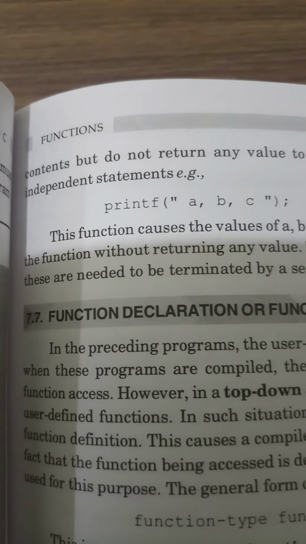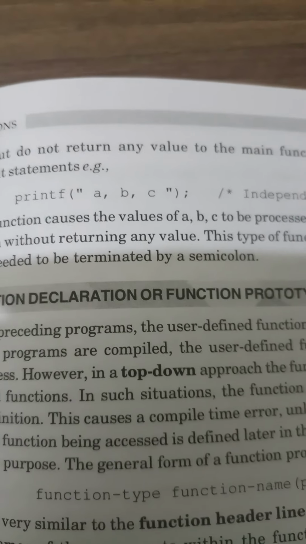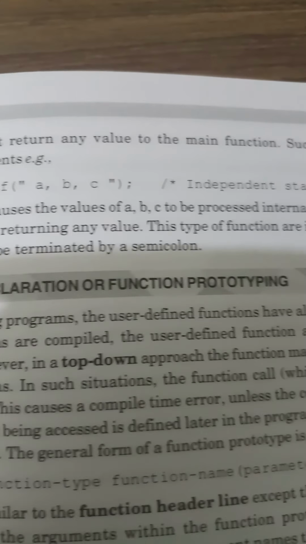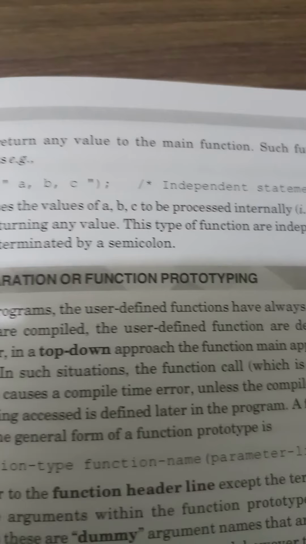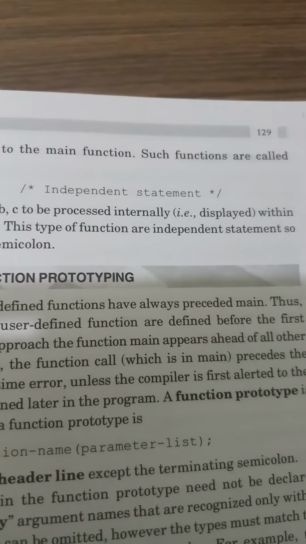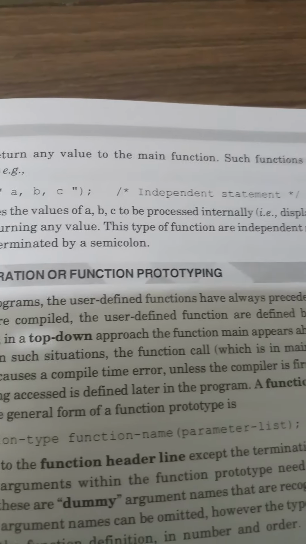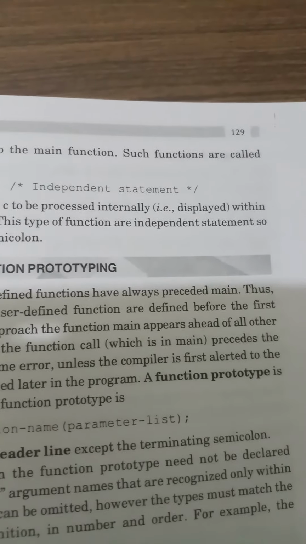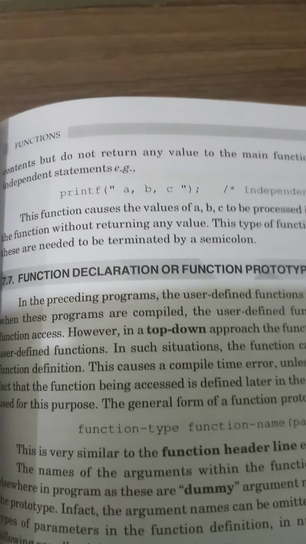Such functions are called independent statements. E.g., printf a, b, c, independent statements. This function causes the values of a, b, c to be processed internally, that is, displayed within the function without returning any value. This type of function is an independent statement as these need to be terminated by a semicolon.